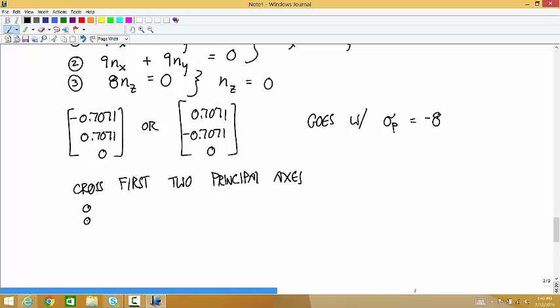One is 0, 0, 1. The other one is 0, 0, negative 1. And whichever one of those you choose goes with a principal stress of 0.